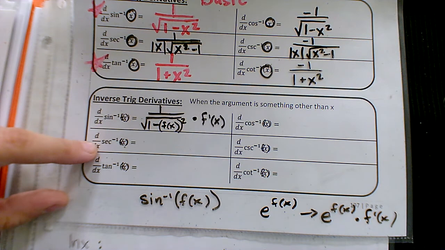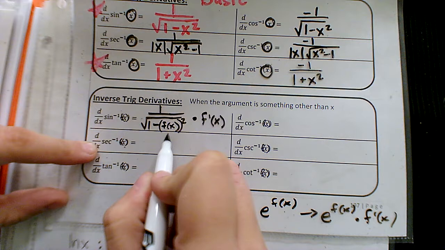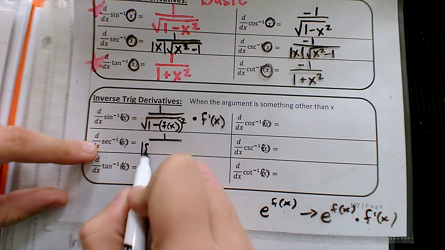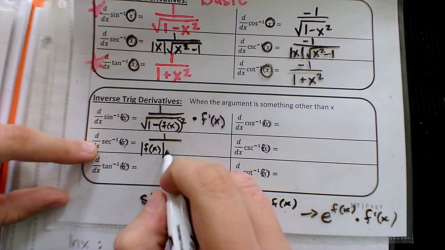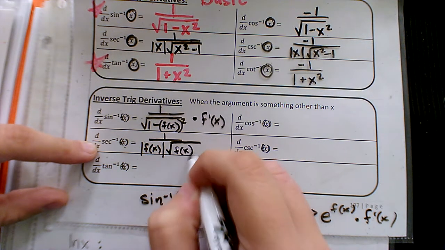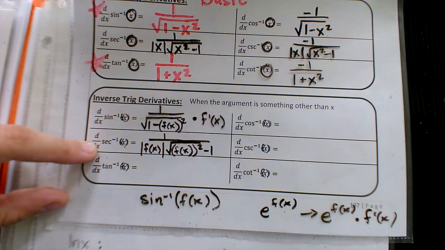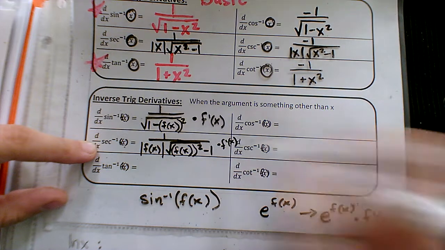All right, so the other 5 are going to follow the same suit. For inverse secant, we'll have 1 over the absolute value of f of x, whatever's on the inside, times the square root of f of x squared minus 1. And then times the derivative of the inside.